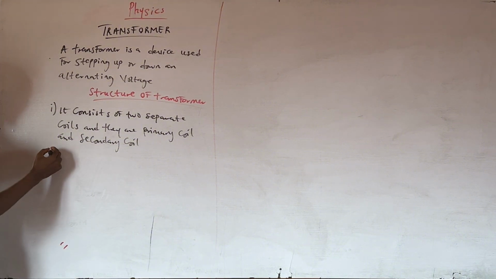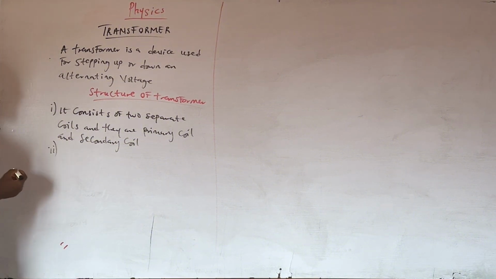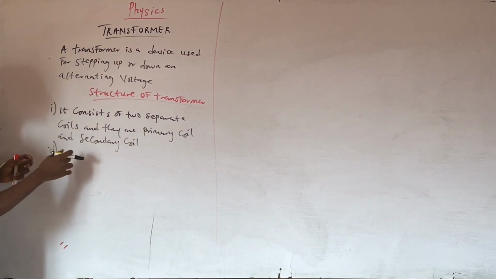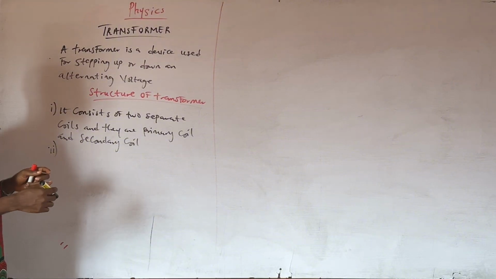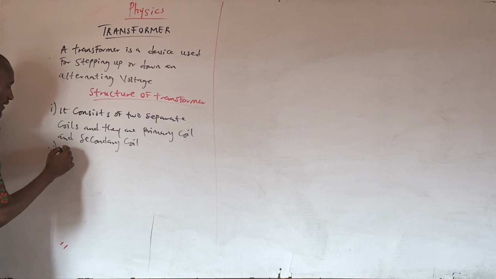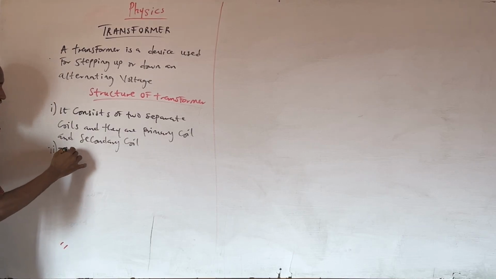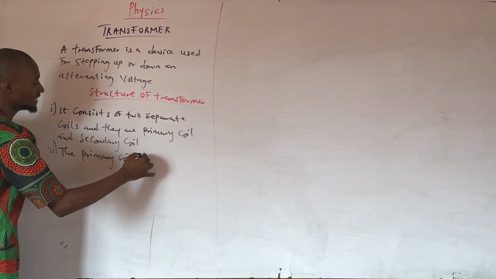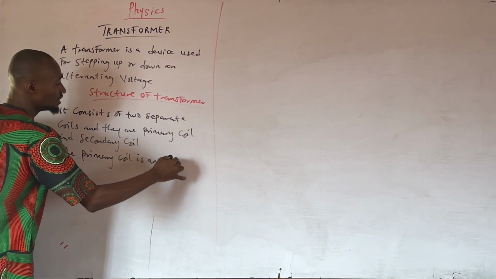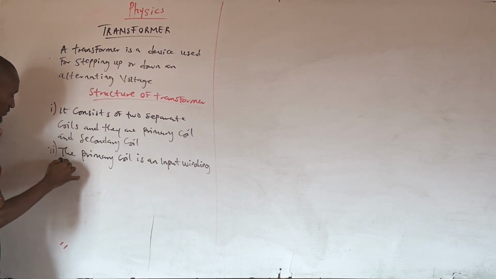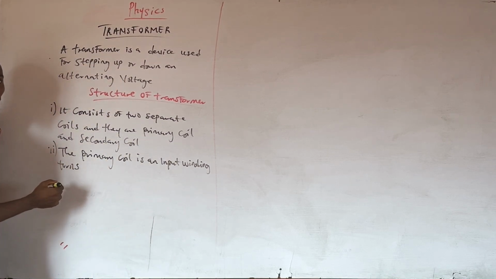Now, two. The primary coil is an input winding turns.